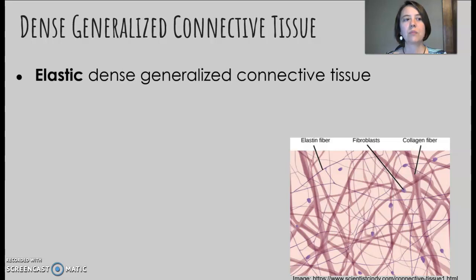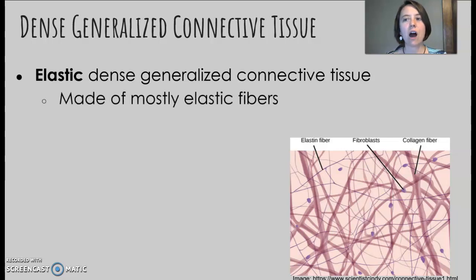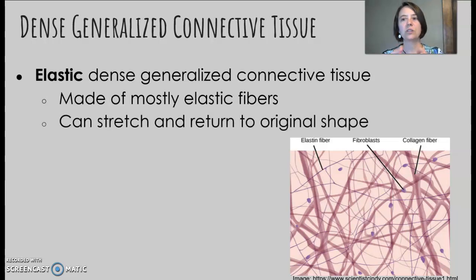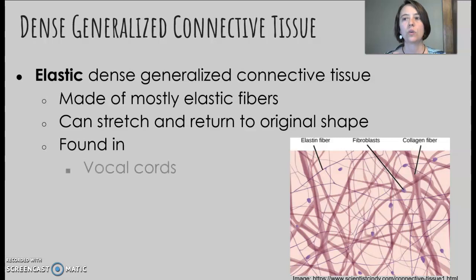So the last type of dense generalized connective tissue is elastic. Elastic dense generalized connective tissue doesn't have collagen as its main fiber, it has elastic fibers. And elastic fibers are protein fibers, and they're really good at stretching and returning back to their original shape. So where do we want this?